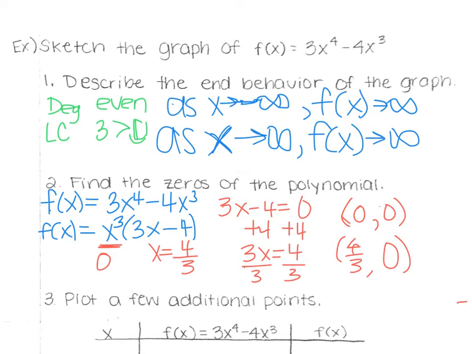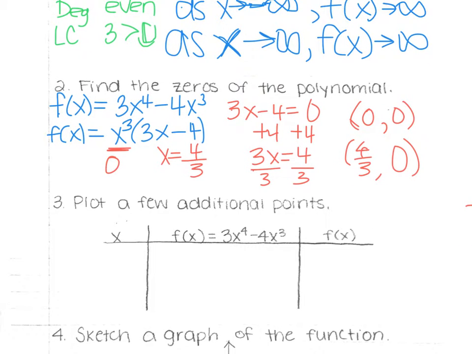So we actually have a lot of information about our graph at this point. We're going to plot a few additional points, so we don't want to use things that we've already used, like our intercepts.